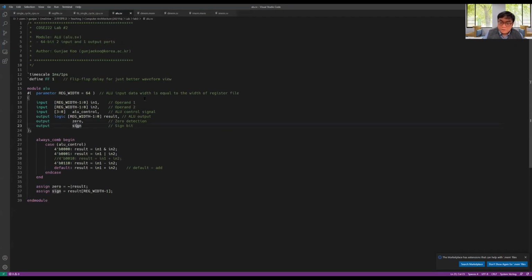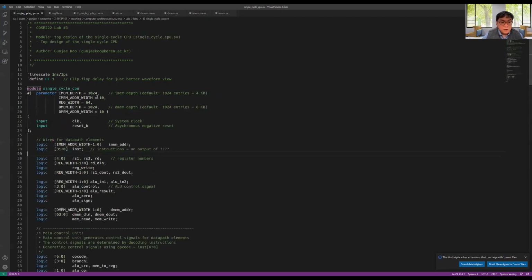The data path elements are already completed, so you can use these golden data path elements for the single cycle processor design. And I also provide the skeleton code for the single cycle CPU design.